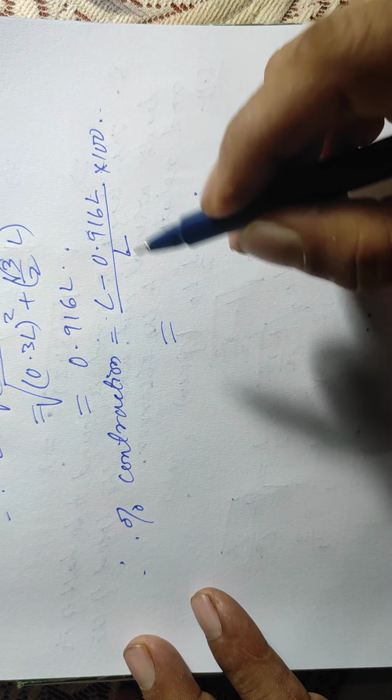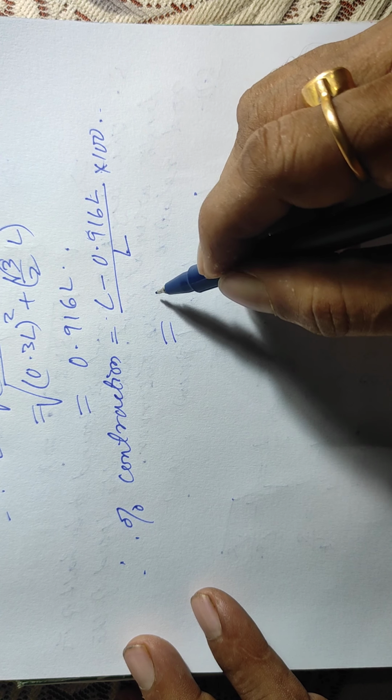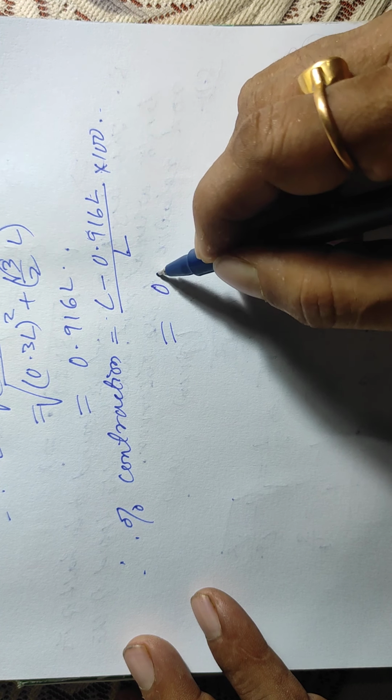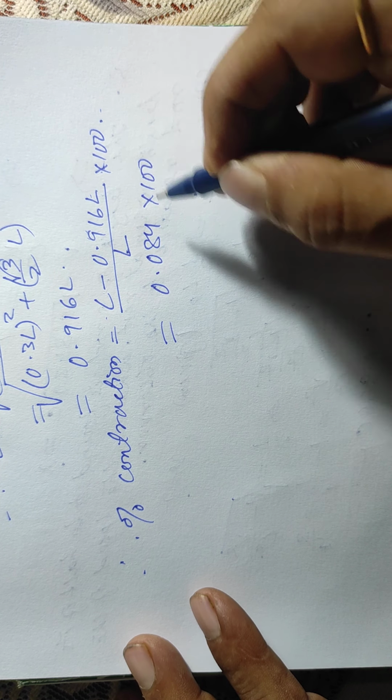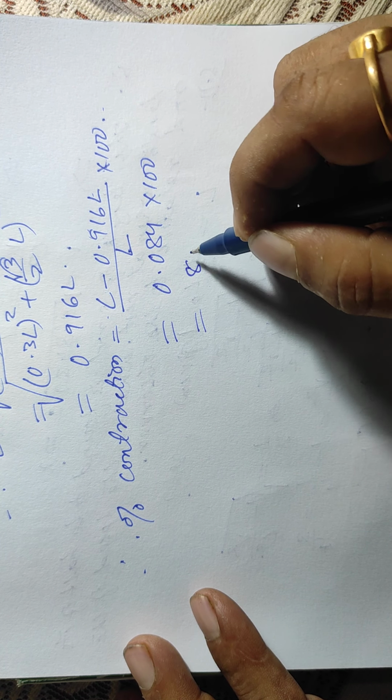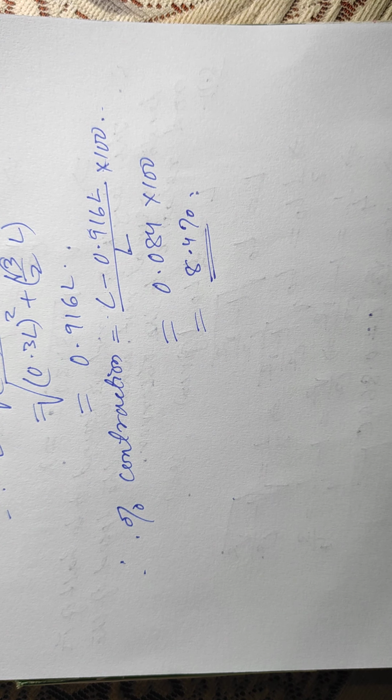So L cancels out. 1 minus 0.916, that means it will be 0.084 into 100. It is equal to 8.4%. Clear? It will be 8.4%. So the percentage contraction of the rod will be 8.4%.